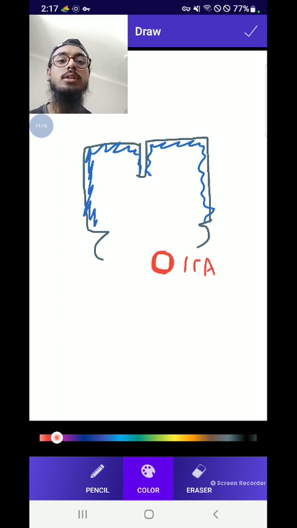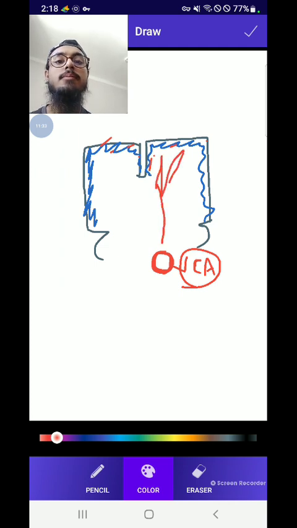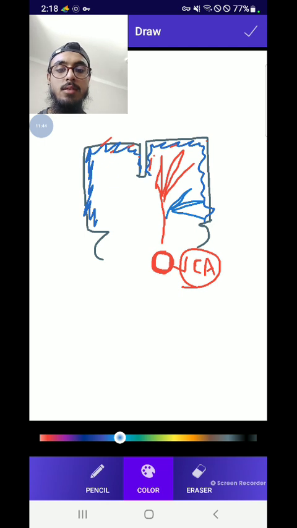What is this artery? The internal carotid artery. It gives branches to the primary somatosensory area. Now the blood supply: this area's blood supply is different, and this area's blood supply is different. Two areas.